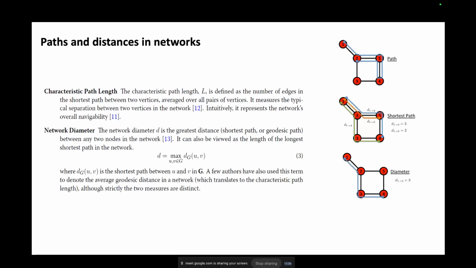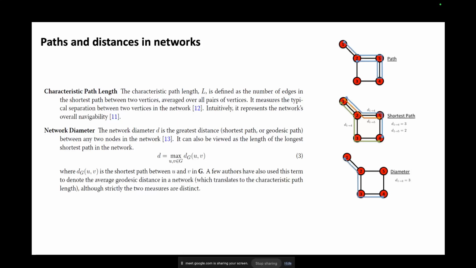And there's another concept called the network diameter. Basically, take the two farthest nodes in the network, and ask what is the shortest path between these two particular nodes. This is called the network diameter.